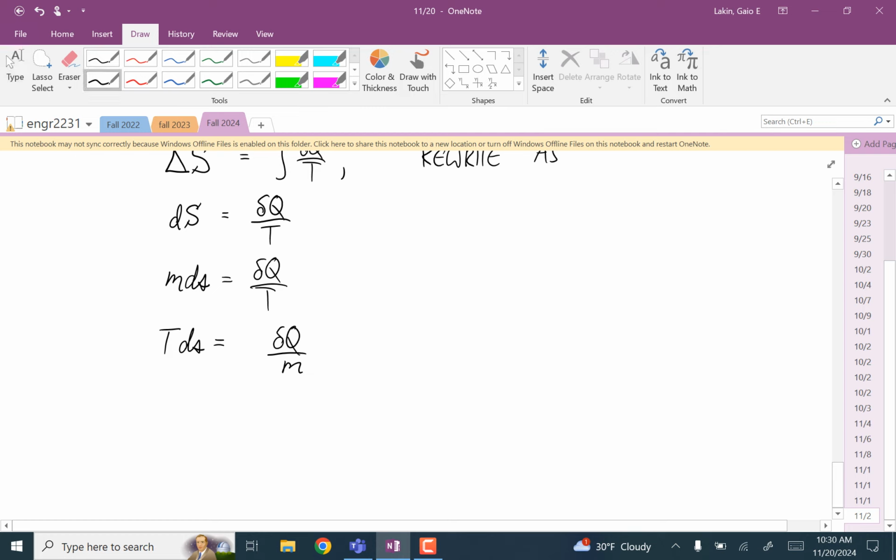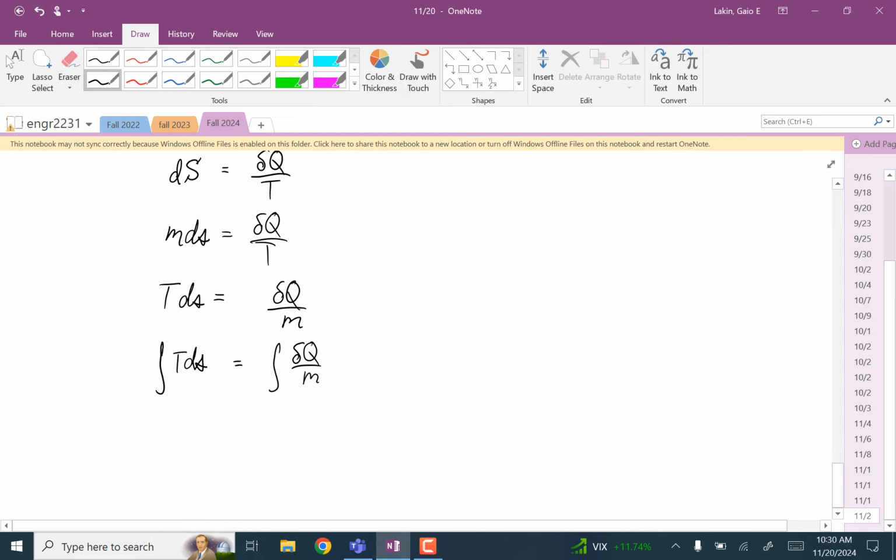And so now, if we integrate both sides, we get the integral of T ds is equal to the integral of delta Q over m, which is equal to Q over m. And we're going to assume this is steady state, which means we can think of this as Q dot over m dot.